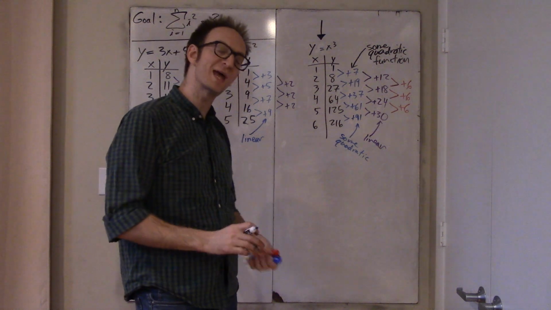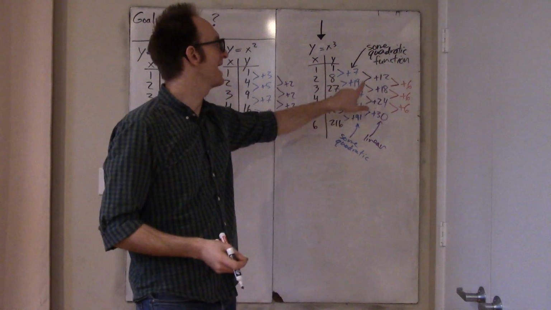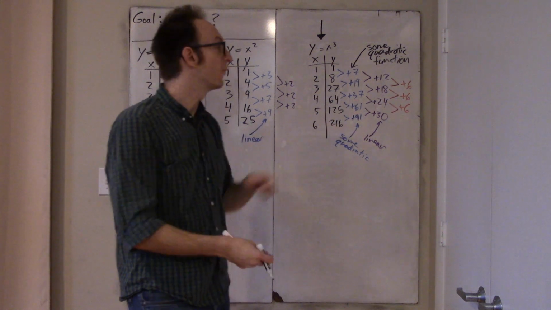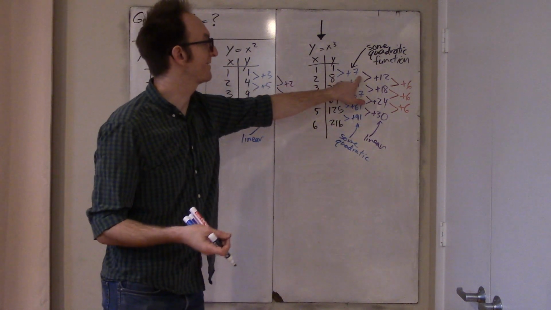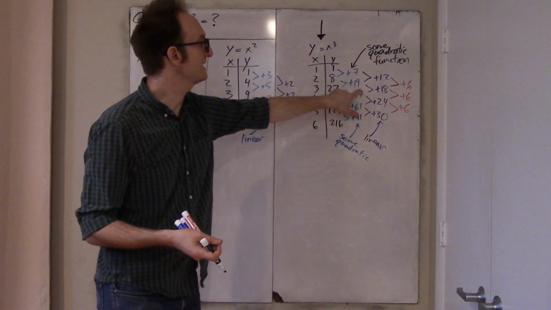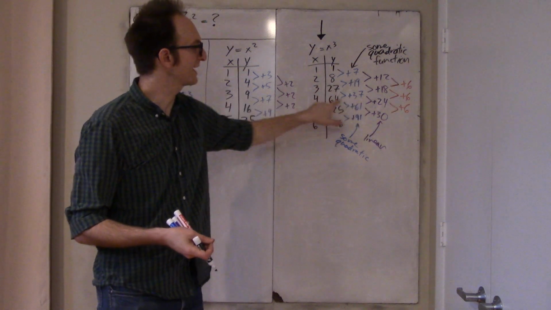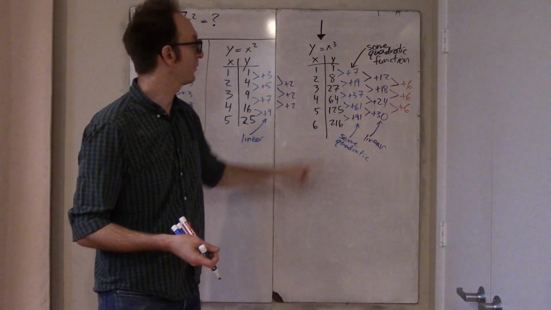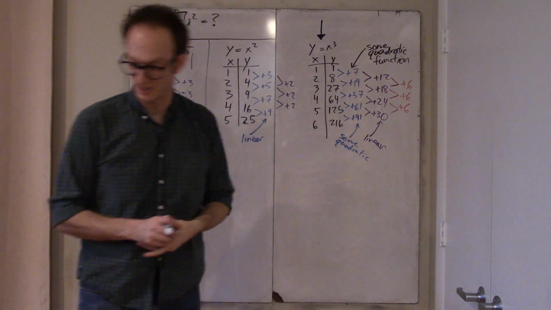But here's the thing, if I add up 7 and 19 and 37 and 61 and 91, well, what do I get? Well, if I do 1 plus 7, I get 8. Plus 19, I get 27. Plus 37, I get 64. Plus 61, I get 125. Plus 91, I get 216.